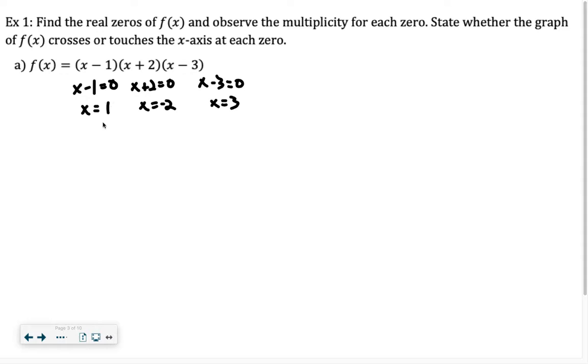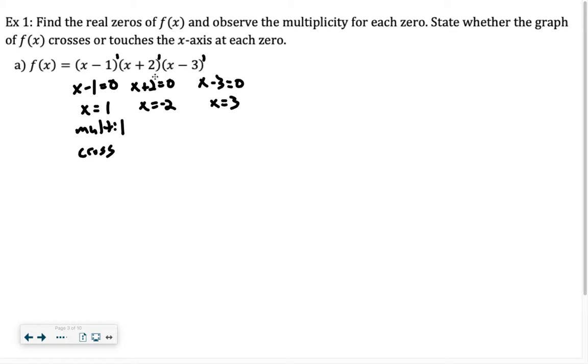All right, so for each of these zeros, this x equals 1 has a multiplicity of 1, because even though we don't see an exponent, we know that each of these exponents would be 1. So the multiplicity is 1. That means that the graph will cross the x-axis at x equals 1.